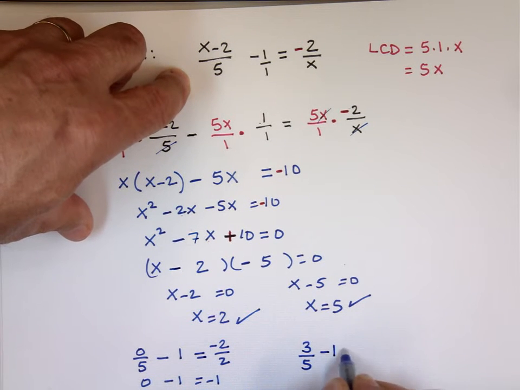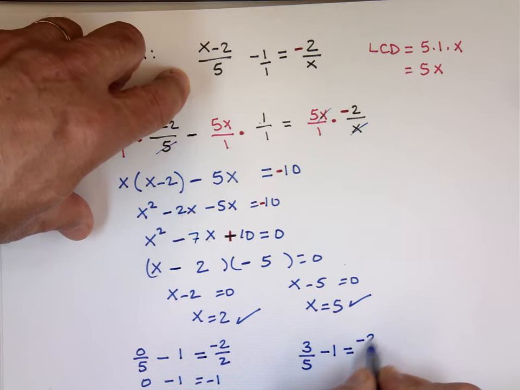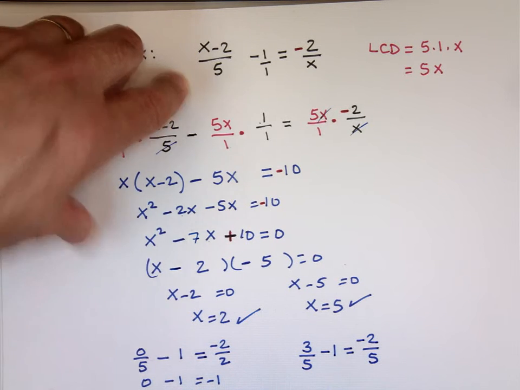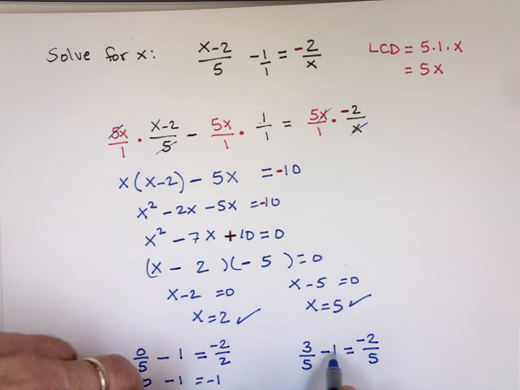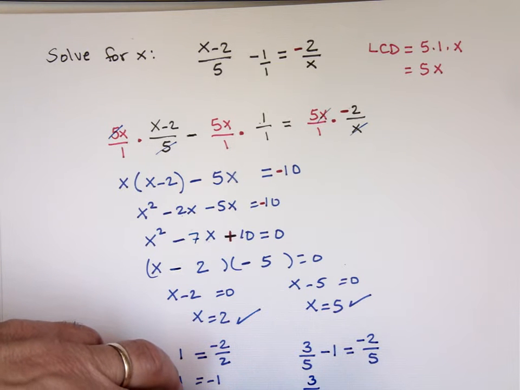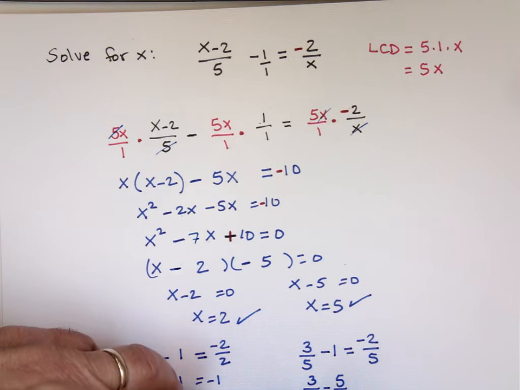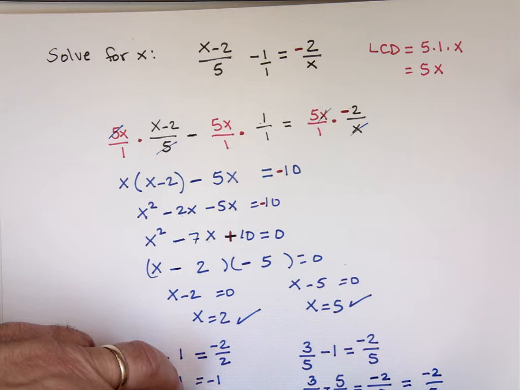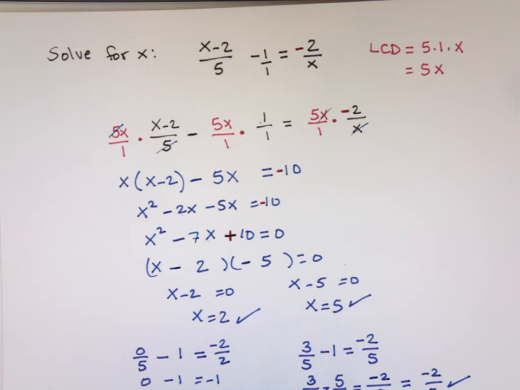Does that equal negative 2 over 5? The 1 is 5 over 5. Notice the bottom is the same. We keep it. And the top will be 3 minus 5, which is negative 2. And that is equal to negative 2 over 5. So it does match. So both answers are good.